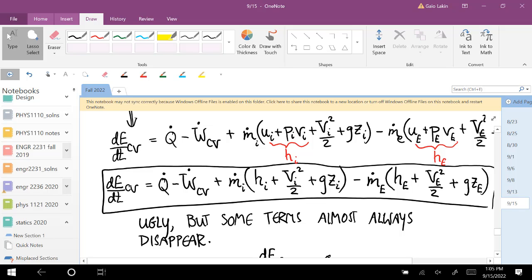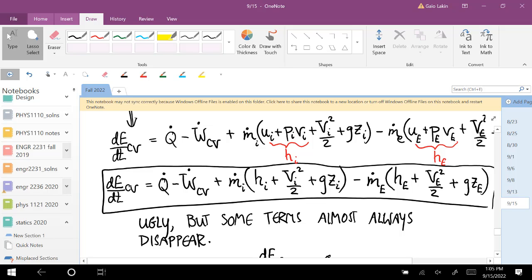Because the Q term in there, that's for the material going in, right? The Q is the heat passing through the walls, from the walls into the system. We're assuming that the material is moving fast enough that there's no conduction of heat through it.